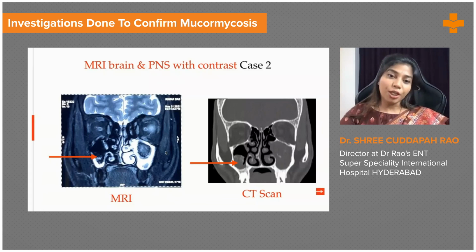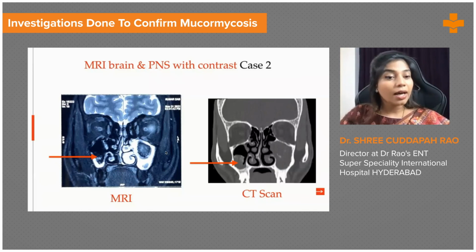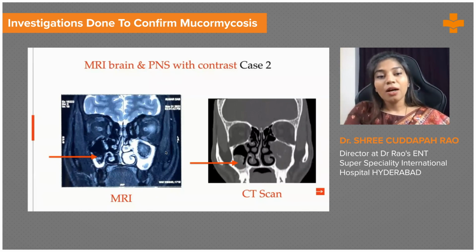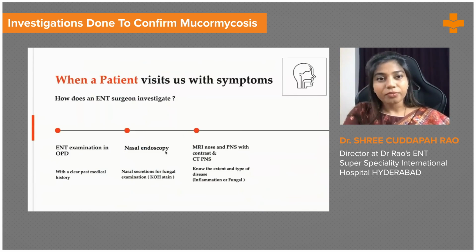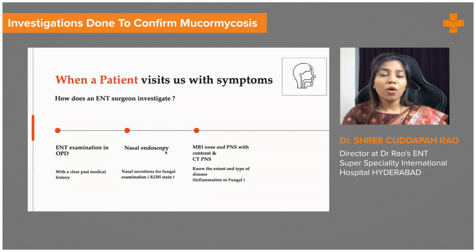So basically, we need both the CT scan and an MRI. And on MRI, we require more of T2 weighted MRI and a contrast based MRI. So, right now we know we have everything with us. We understood that the patient is suffering with mucor, and how do we proceed right now?